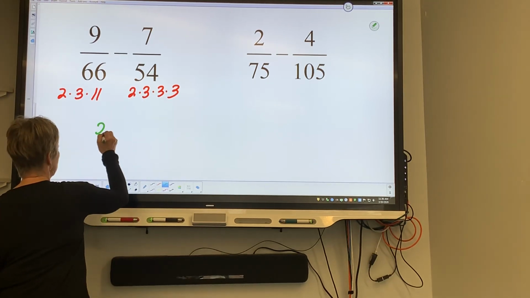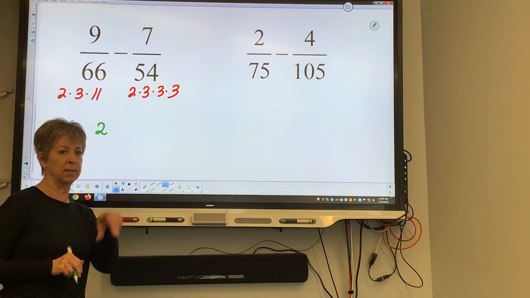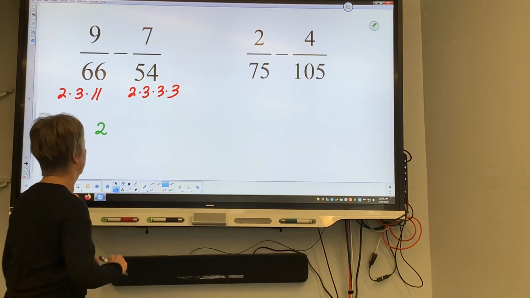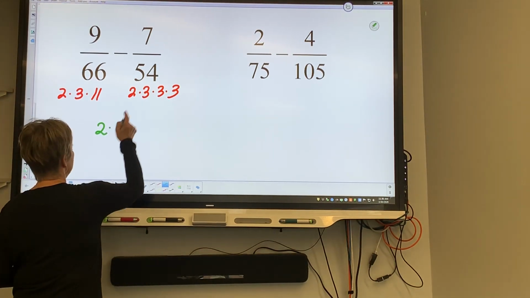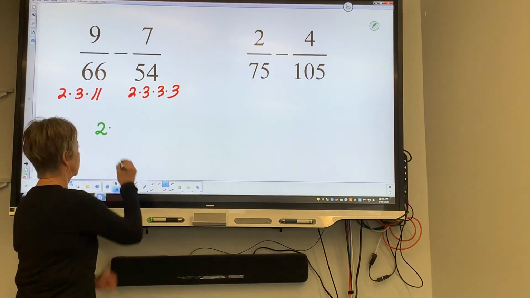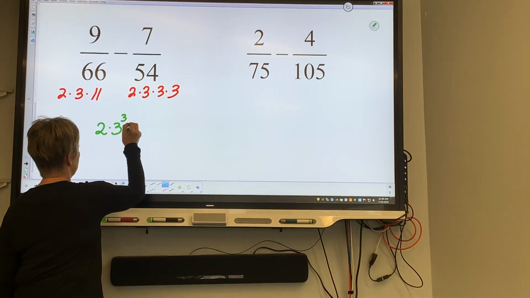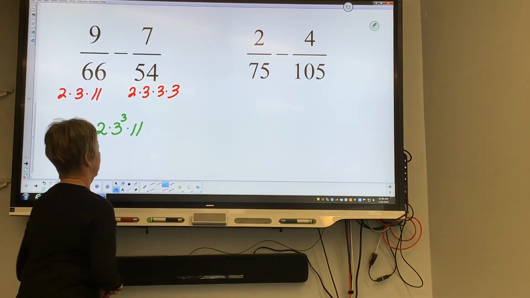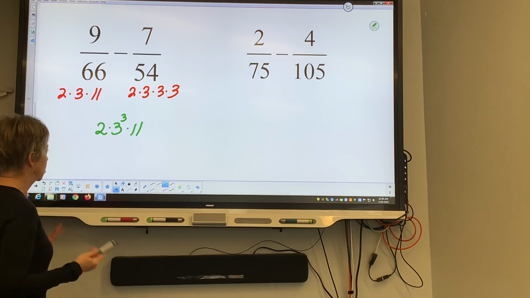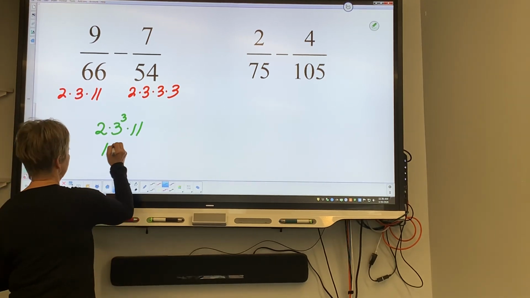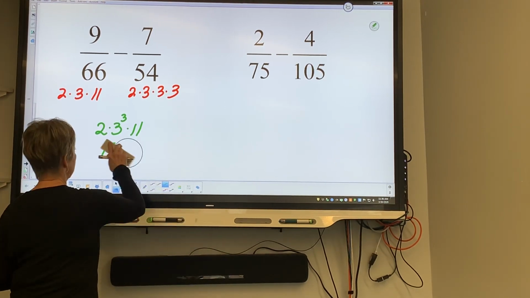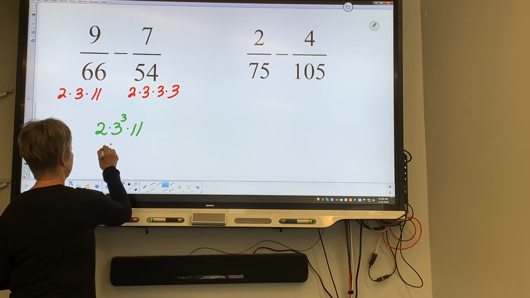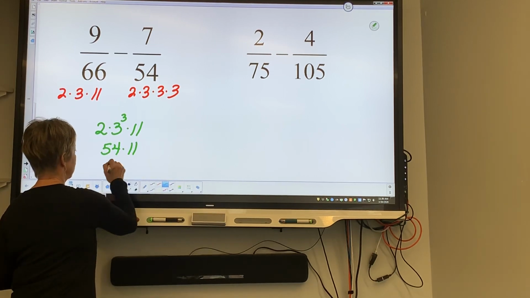So I see a 2, but it only appears once in each denominator, so I only need one of them. I see 3 appears 3 times, so I need 3 cubed there, and then I need an 11. So whatever that times 11 is, that's your LCD.